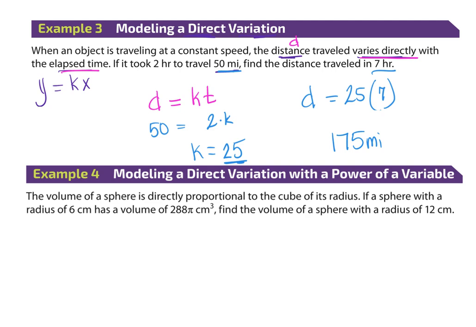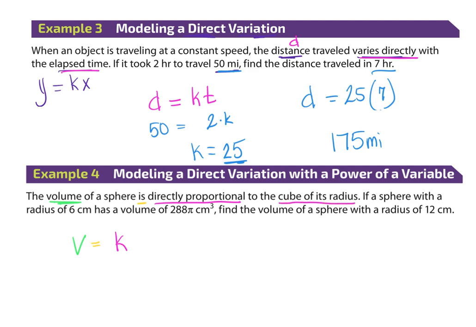The volume of a sphere is directly proportional to the cube of its radius. All right. So on the left-hand side, the volume, right, we're going to say equals. And then we have directly proportional. So we have some constant. And what is it proportional to?